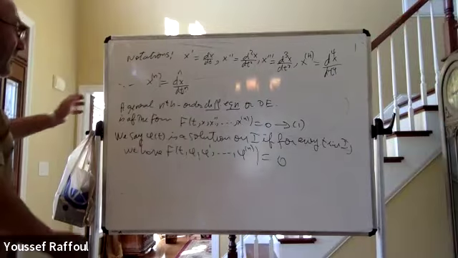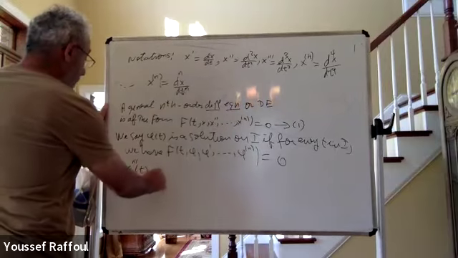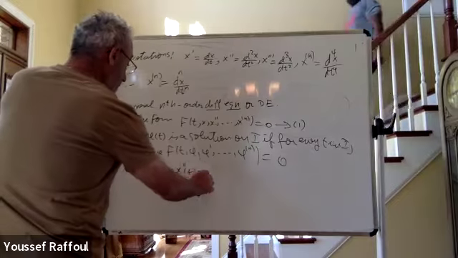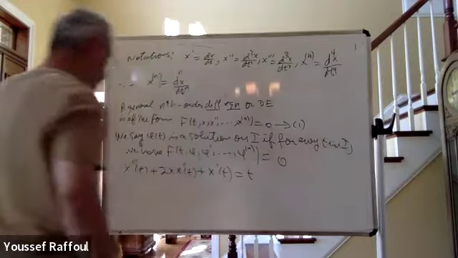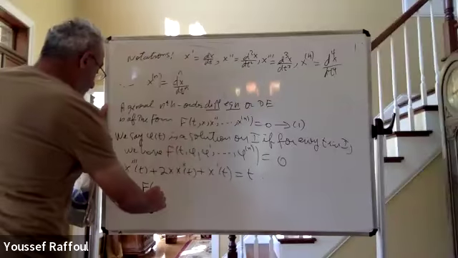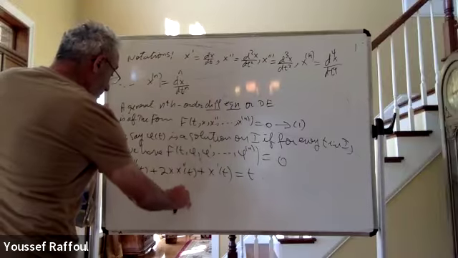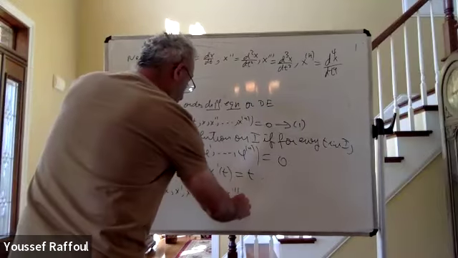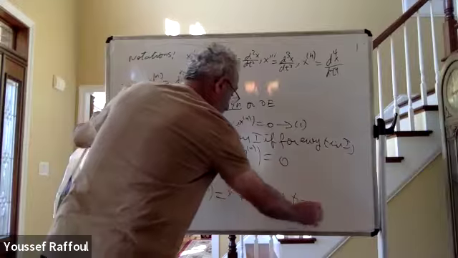So what do we mean by that? For example, if I have a function, let's say x third of t plus 2 x prime of t times x second plus x prime of t equal to t, then I can write this as f of t, x prime, x second, and x third is equal to x third plus 2x x second plus x prime minus t is equal to 0.